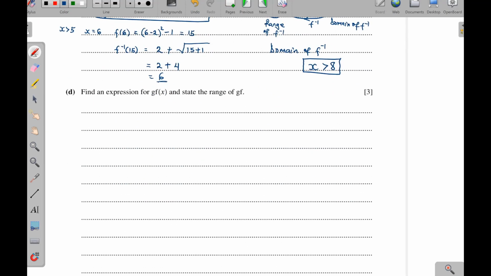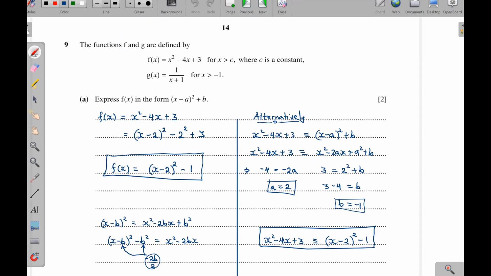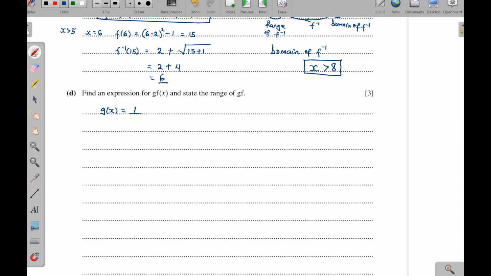Then part D, find an expression for gf of x and state the range of g of x. Now, we have gf of x. That means we are composing. In fact, let me write these functions here. The g of x was given as 1 over x plus 1. Then f of x, we got it as x minus 2 squared, then minus 1.